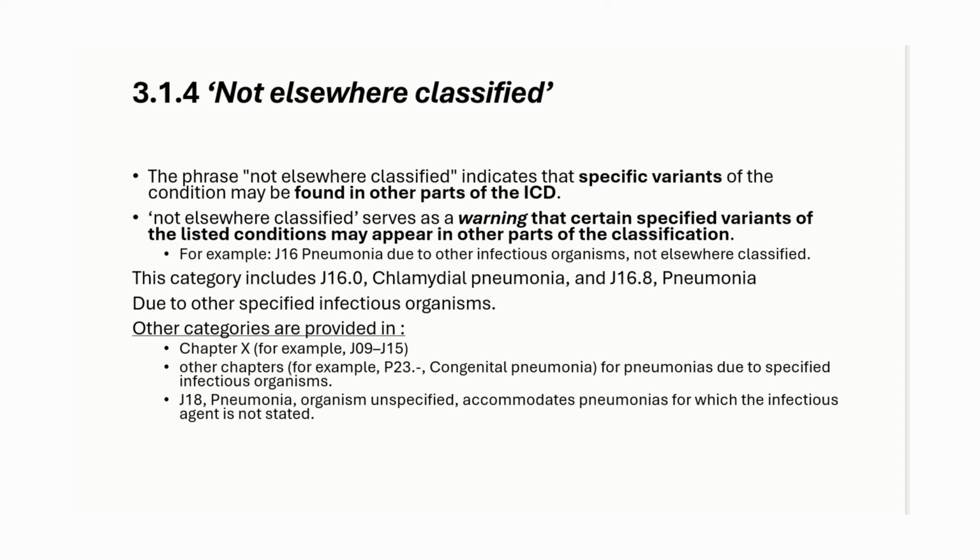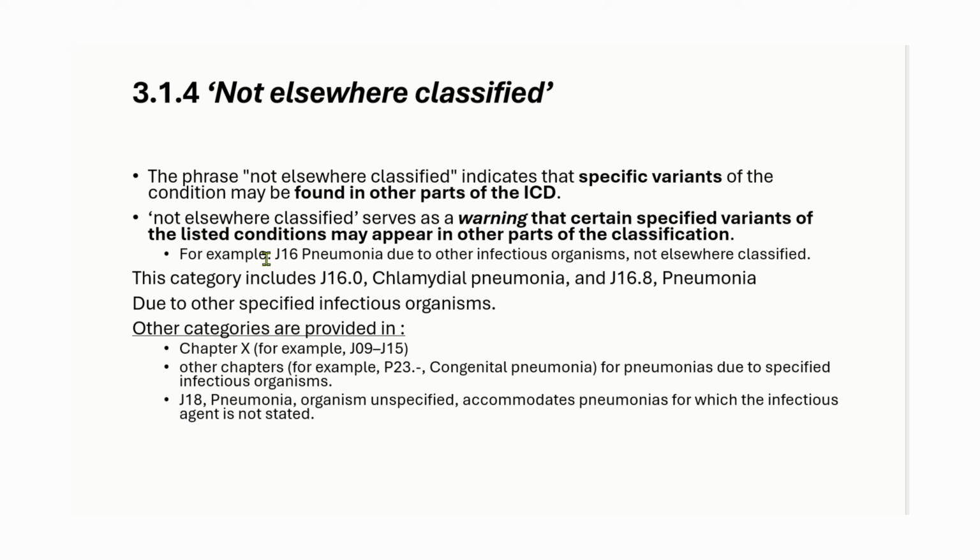Then we have this phrase called "not elsewhere classified," which indicates that specific variants of the condition may be found in other parts of the ICD. It serves as a warning that certain specified variants are listed and may appear in other parts of the classification.